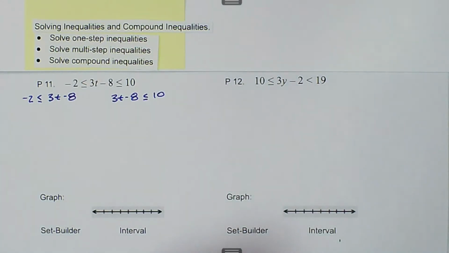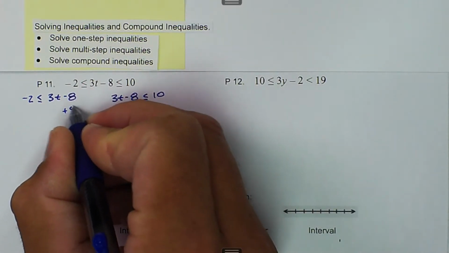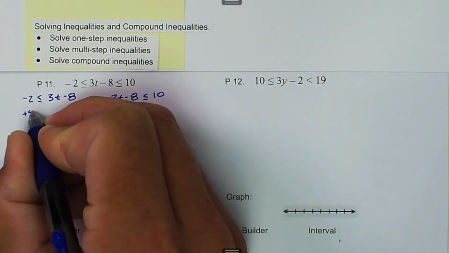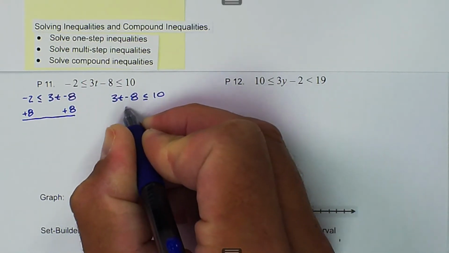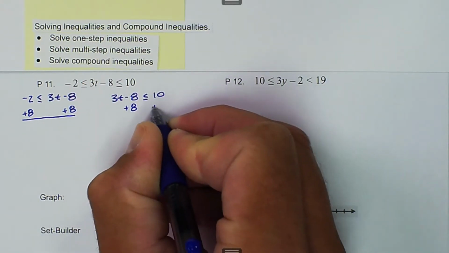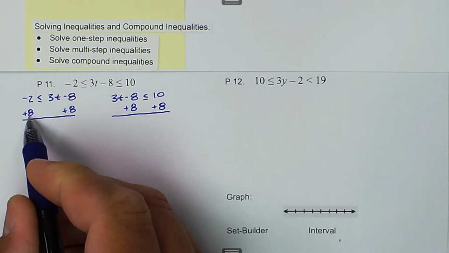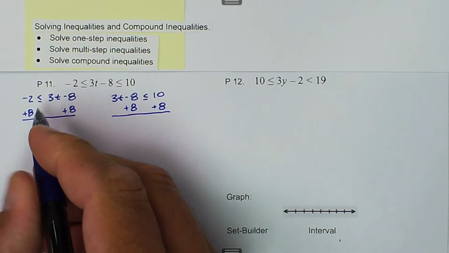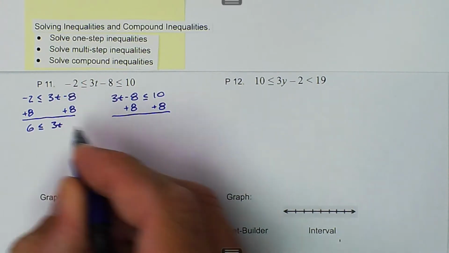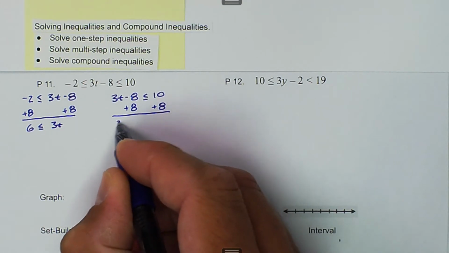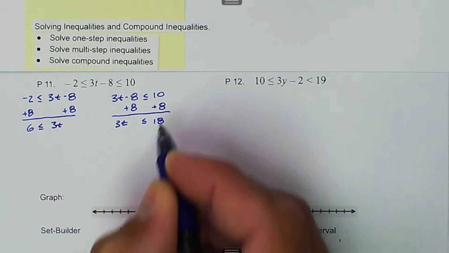So first thing we can do with both cases is add 8 to all sides of the inequality. So -2 plus 8 is going to be 6. Bring down the inequality sign, and 3t. And here we have 3t is less than 18.